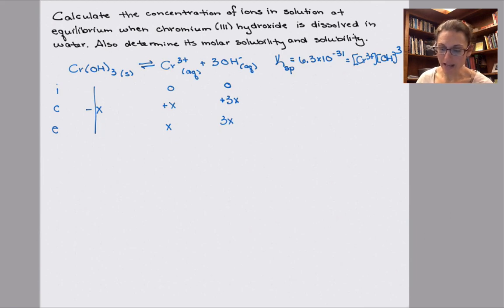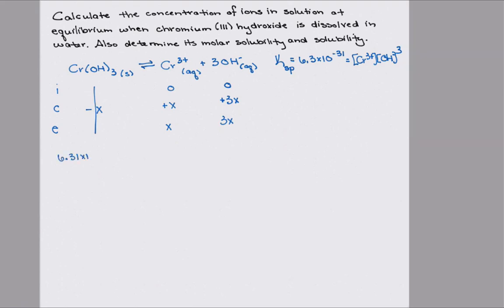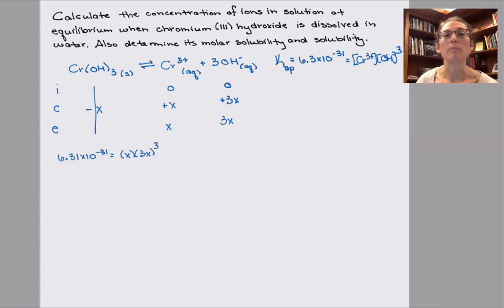From there, I can take these expressions for the concentration of chromium and hydroxide and put them into the Ksp expression. Make sure you remember to use the exponent. So in your Ksp expression, the concentration of hydroxide is cubed. So here this is (3x) cubed.